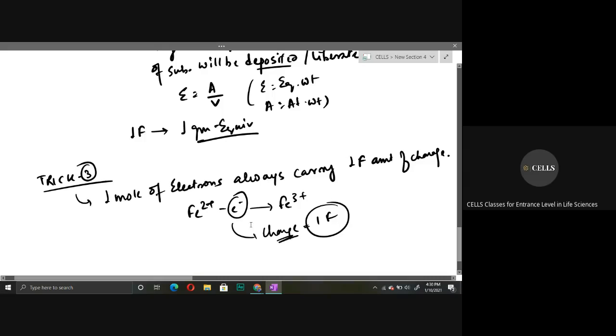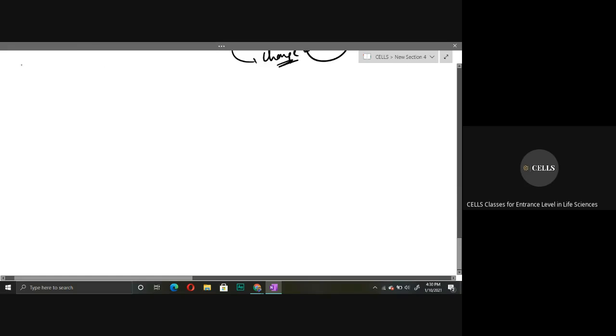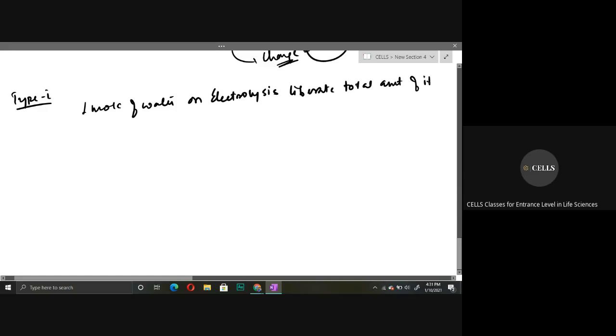Okay. So let's do some numericals. Then you will understand all the concepts. Okay. So type 1 numerical. Suppose if they give you that 1 mole of water on electrolysis liberates total amount of its oxygen.